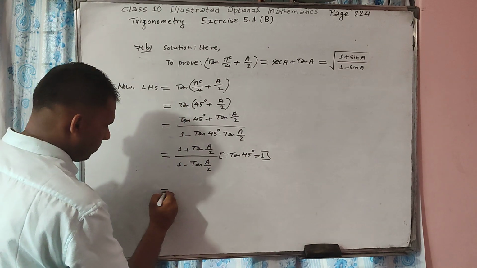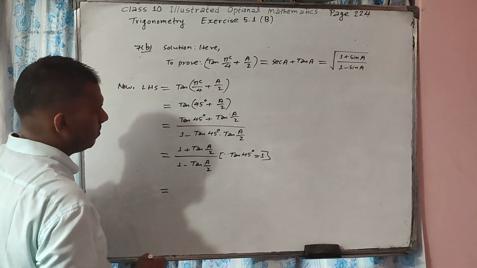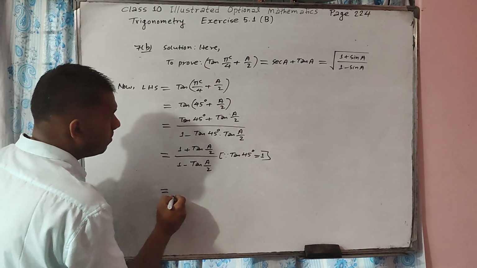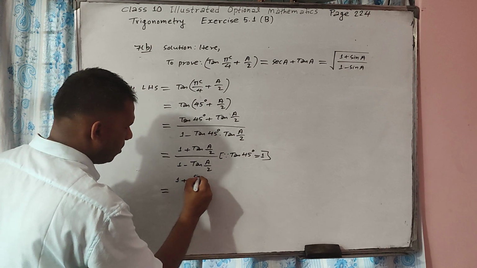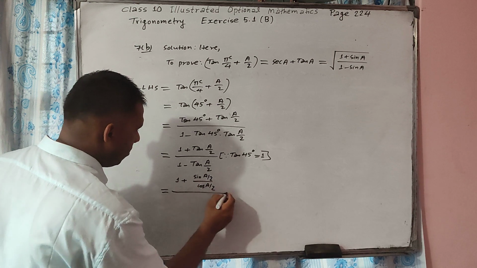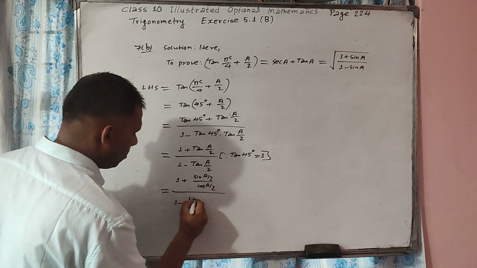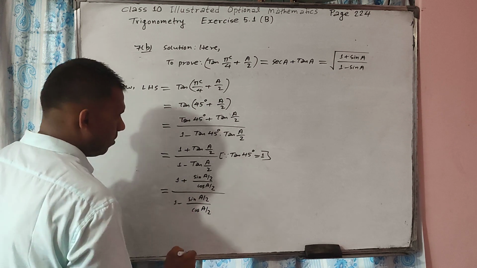Now this equal to changing into sin first. 1 plus tan(a/2), this is sin(a/2) upon cos(a/2), all upon 1 minus sin(a/2) upon cos(a/2).